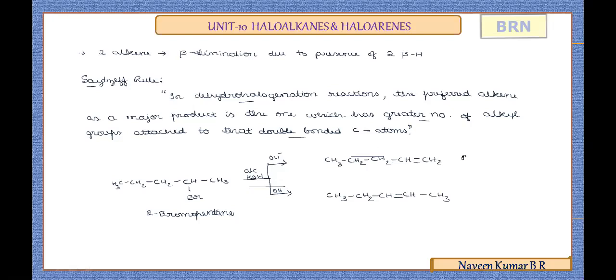One will be pent-1-ene and the other alkene formed will be pent-2-ene. Now we can observe how these two products are formed. The halogen attached carbon is the alpha carbon, and towards the left side is a beta carbon, and one of its hydrogens can be considered as a beta hydrogen.